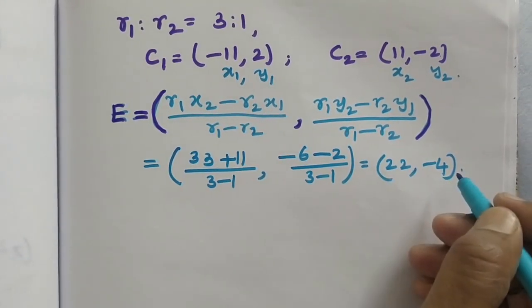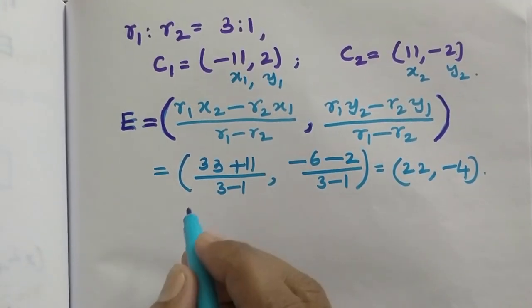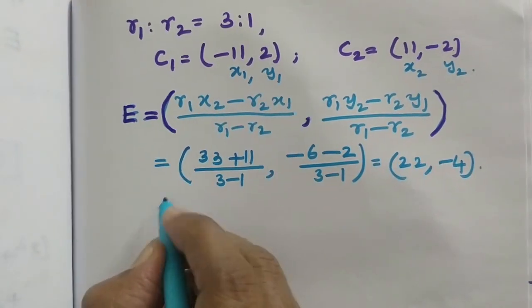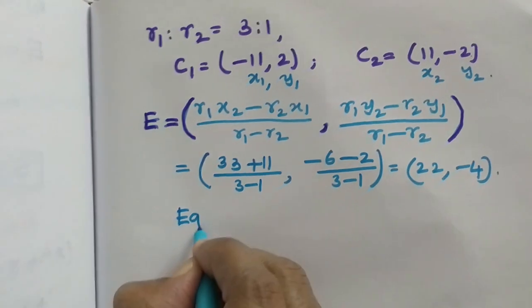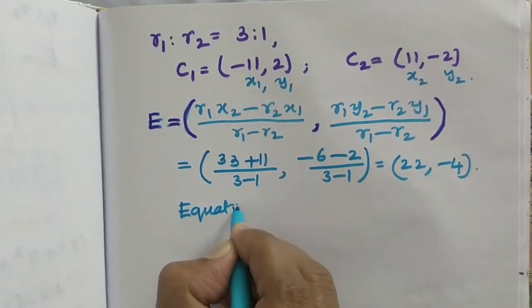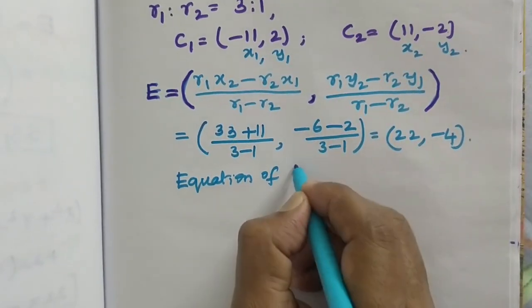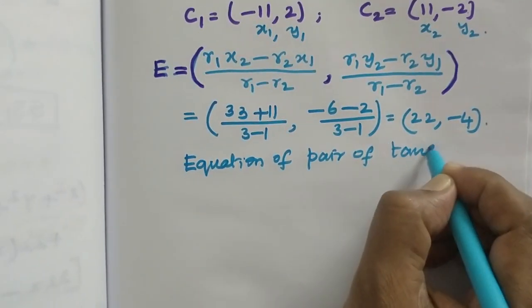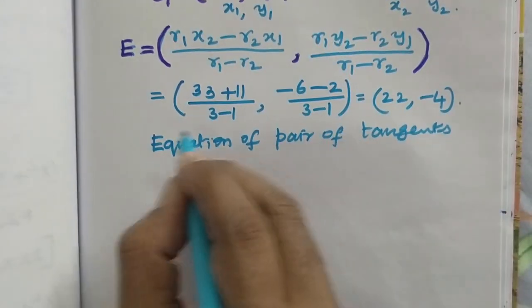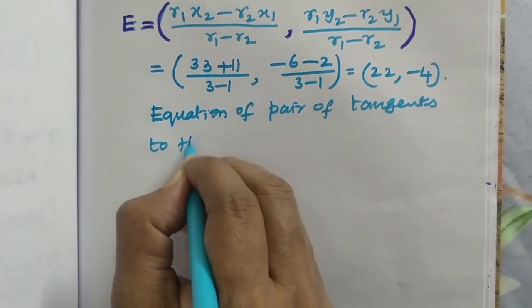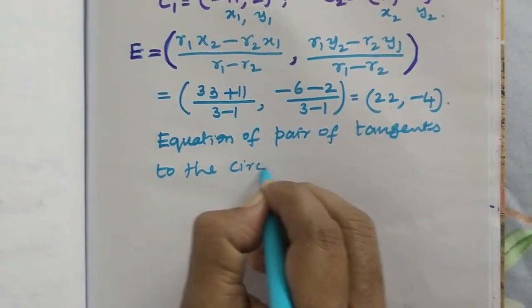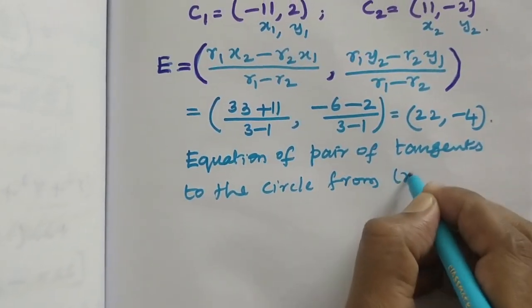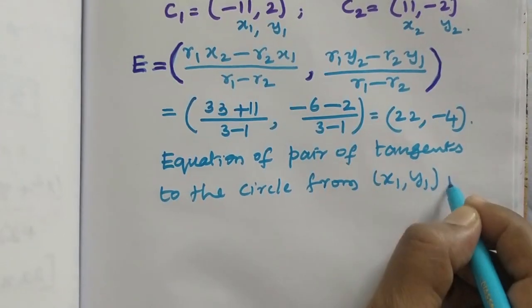Okay. Now, remember the equation of the pair of tangents to the circle from (x1, y1). What is it?